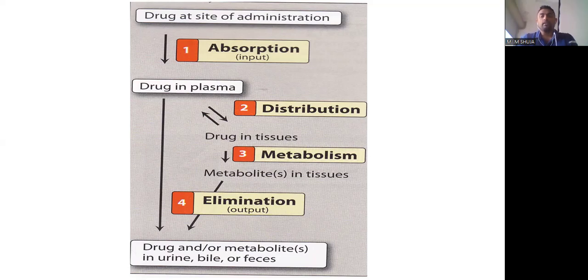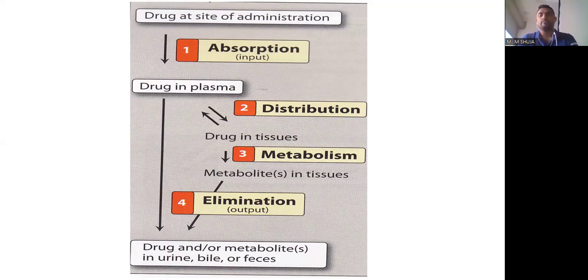So why do you need metabolism and elimination from your body? Because mainly you need to destroy or excrete the drug which you have taken.